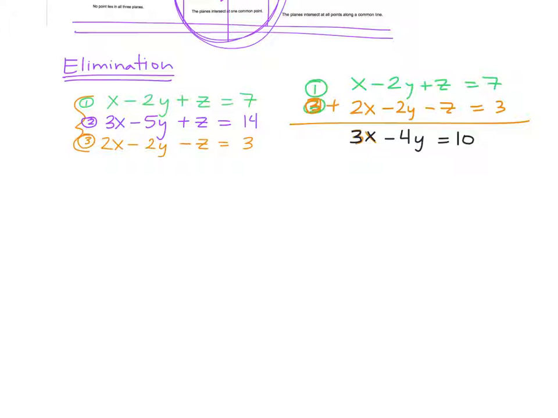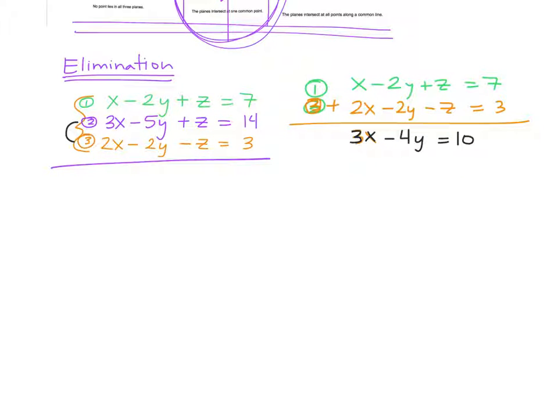We need another one without z to be able to work with our x's and our y's together. So we're going to try to ditch z again using 2 and 3, because 2 and 3 can cancel out our z also. Do you see that? So 2 is 3x minus 5y plus z equals, actually, you know what? They're together right here. I'm not going to rewrite them. Is that okay with you? Yeah.